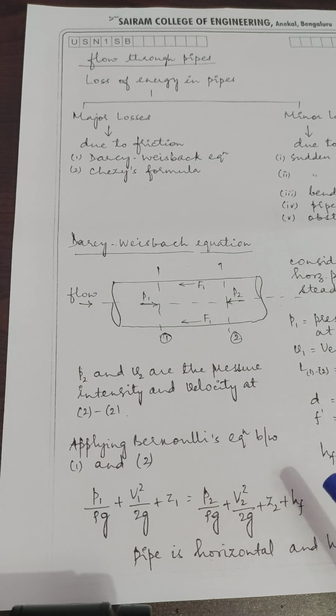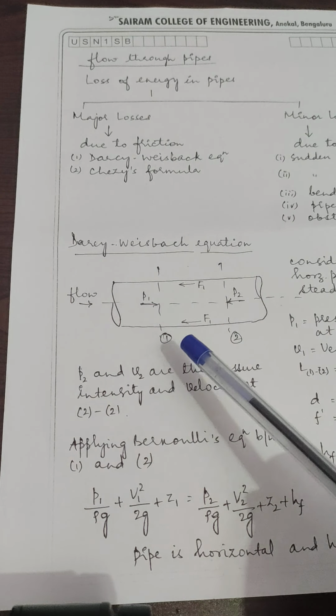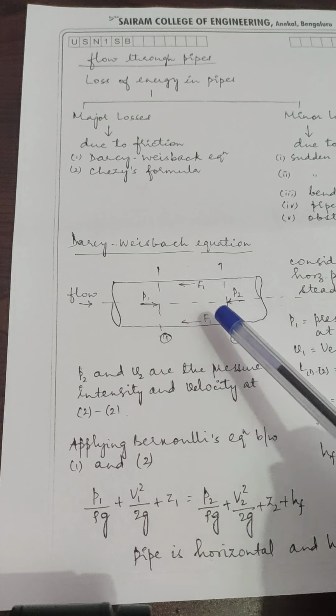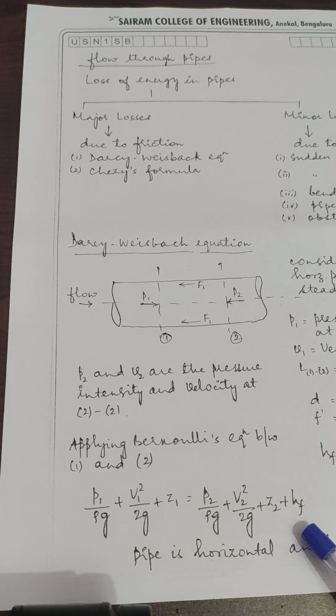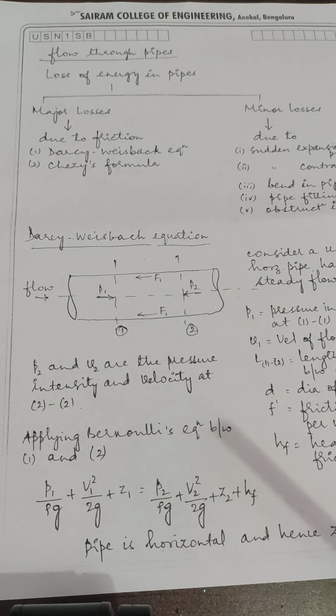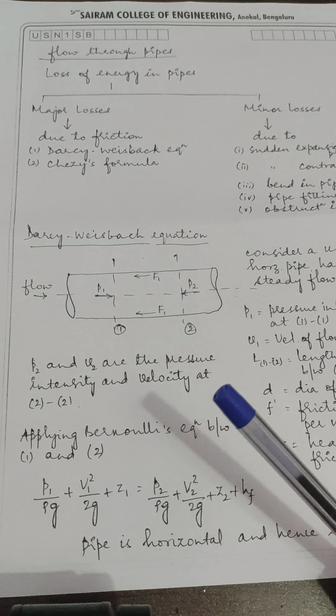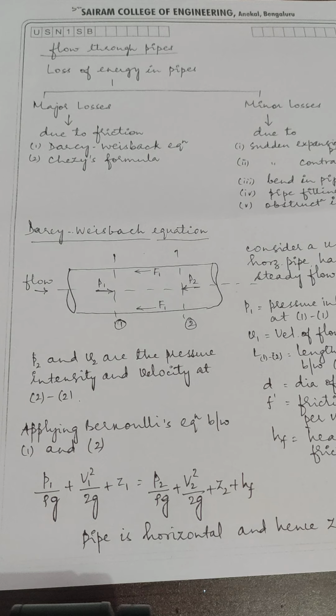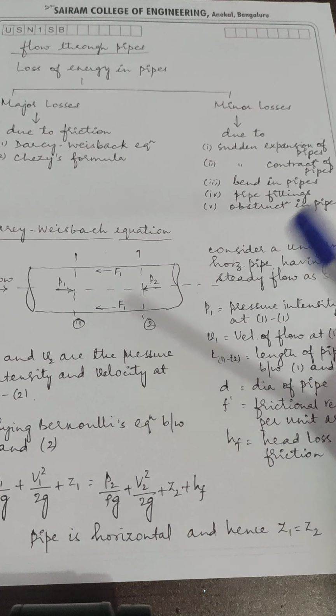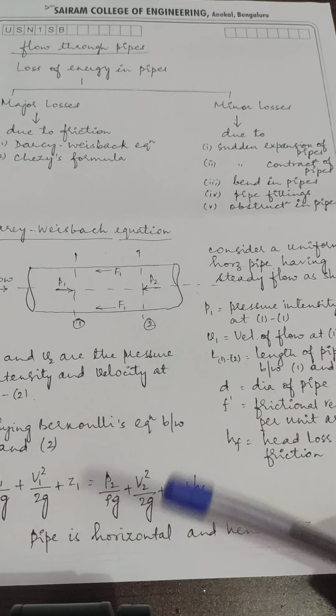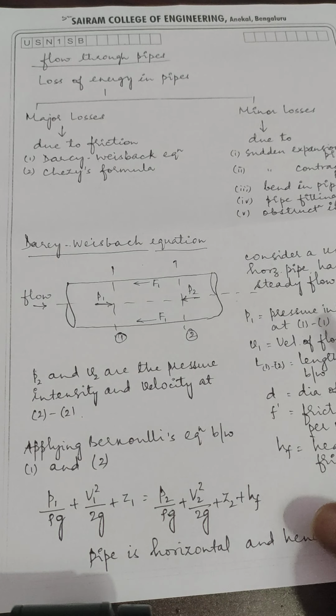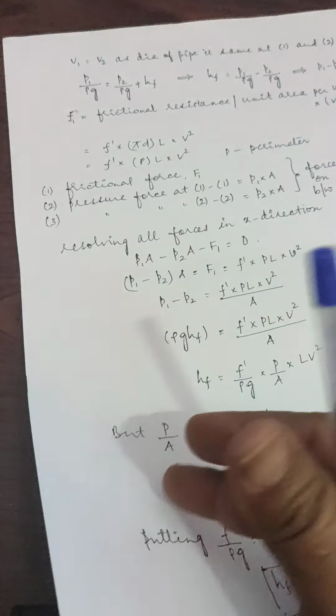So there will be energy loss by the time the fluid reaches section 2, so additionally we have this head loss due to friction, that is hf. Since the pipe is horizontal, we have Z1 equal to Z2, which gets cancelled on both sides of Bernoulli's equation.